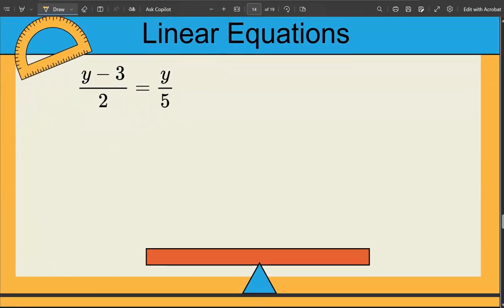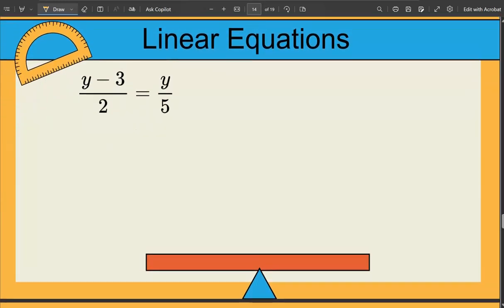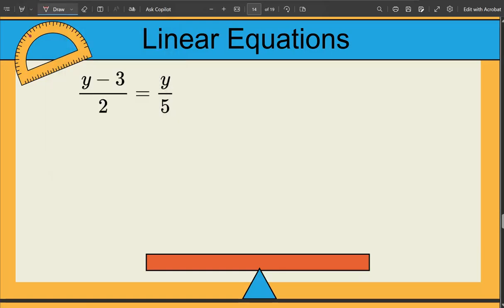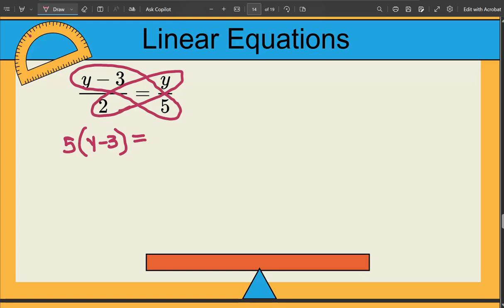So let's see. I've got a fraction equaling a fraction. And so I'm going to multiply y minus 3 times 5. Remember, you're going to have to distribute that. And then we're going to have 2 times y. So distributing the 5, I get 5y minus 15 is equal to 2y.